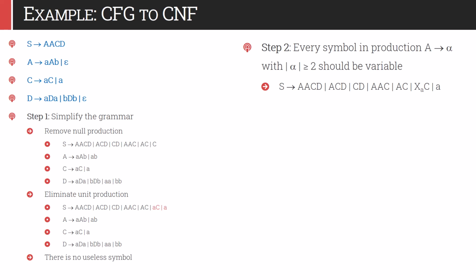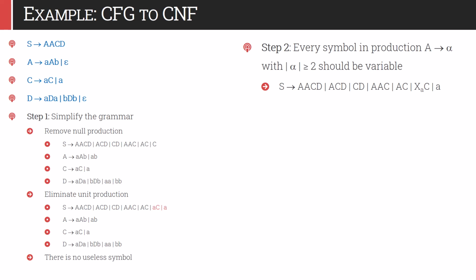So that terminal symbol a we have to replace by some non-terminal or capital letter. So instead of a we are assuming Xa. So Xa is not 2 symbols, it's just 1 symbol. As I earlier told you, Xa represents the replacement of a by X. To make things simpler, we are writing a in a subscript.